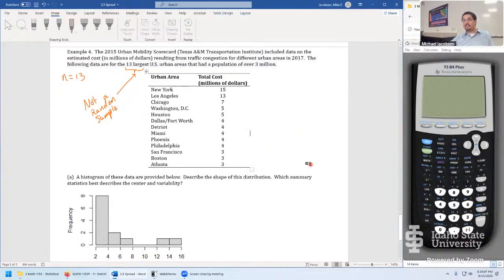It's rare to have data like this where it's specifically told not to be a random sample in that kind of way, but it's still interesting in its own right. So if you look from line to line, Atlanta is an interesting city. And this says in 2017, they have estimated, probably an interesting way they did this, that the city as a whole lost $3 million resulting from traffic congestion.